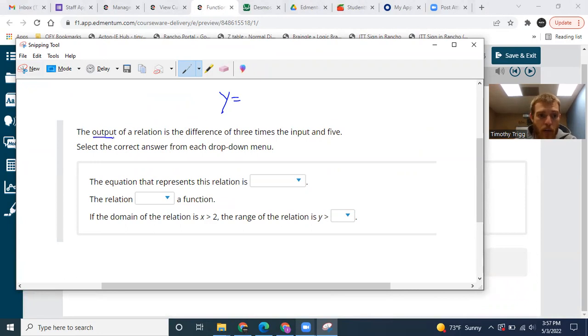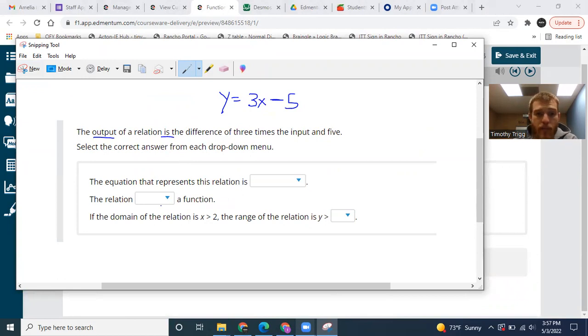So the output, that's y, is, that's equals, the difference of 3 times the input and 5. The difference between, that's going to be a minus, 3 times the input, so 3x, and the difference between 3x and 5. Okay, so here's our equation. y equals 3x minus 5.